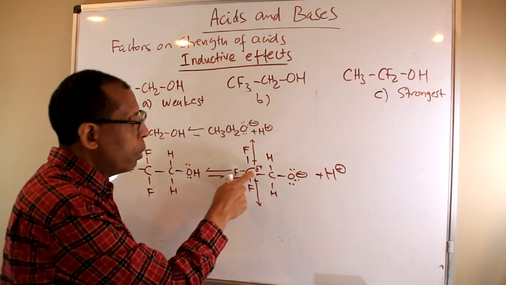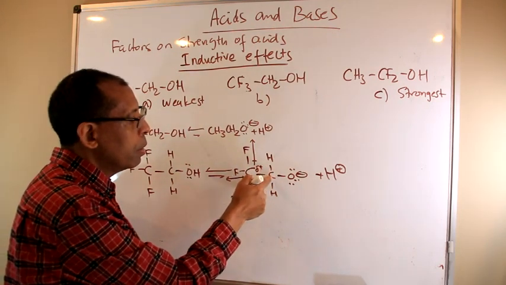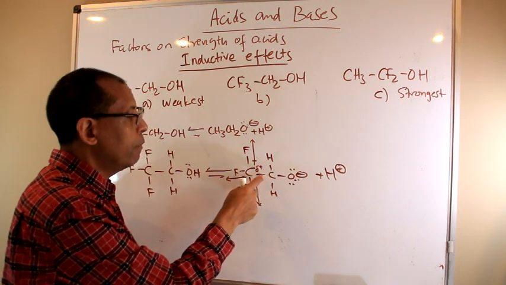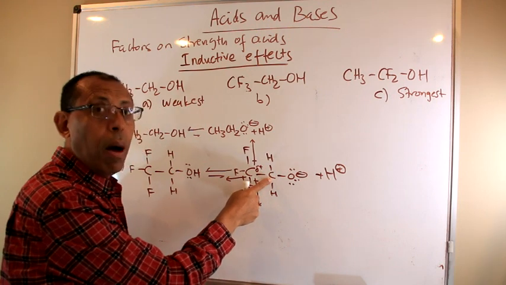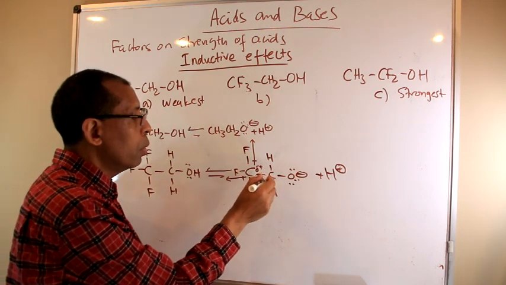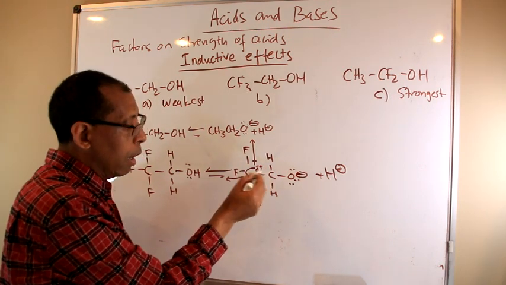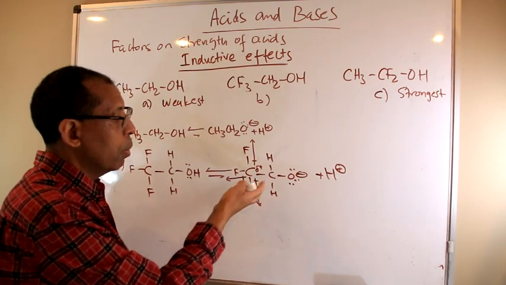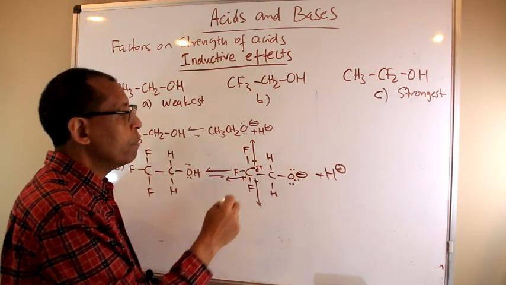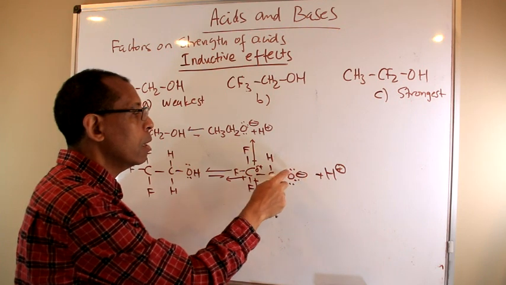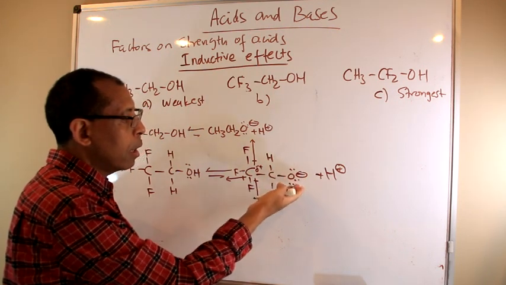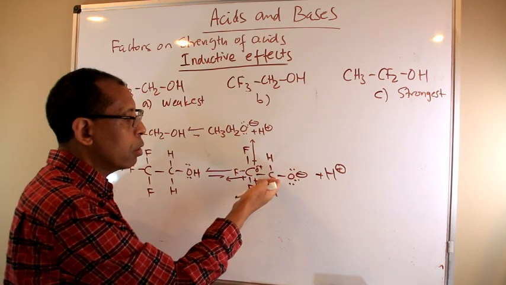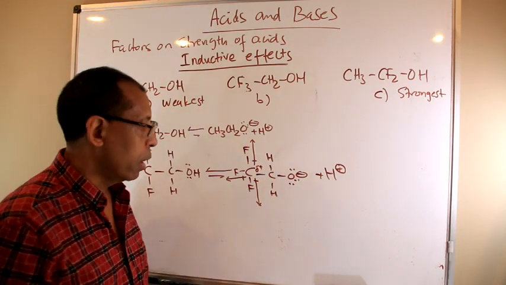When this becomes more sigma positive, the next carbon also feels the effect of this carbon. That means it becomes more electropositive as well, because electron density would be withdrawn by the inductive effect. Therefore, this negative charge is very stabilized, because next to it is a positive center.